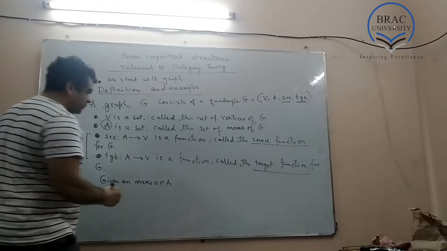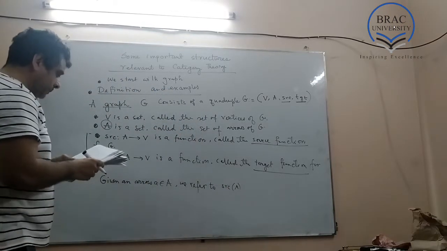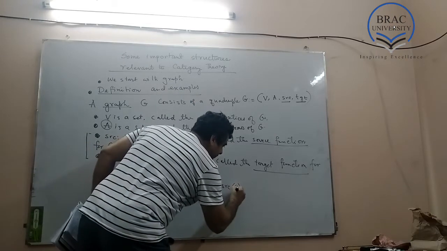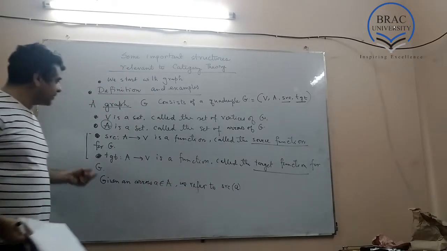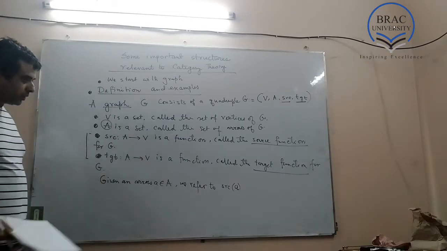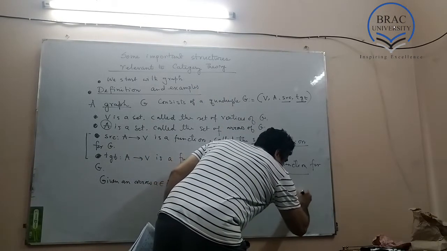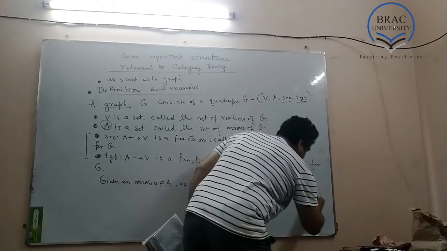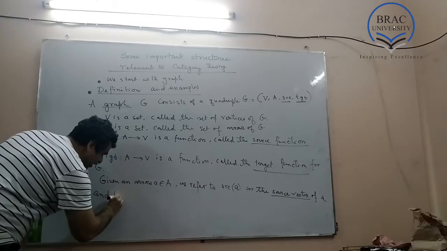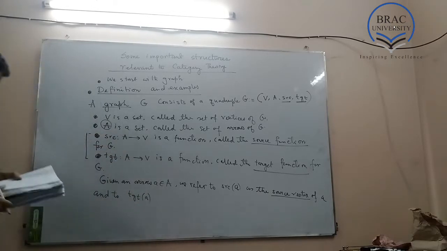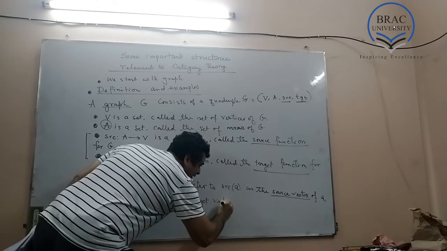We refer to SRC(a), sorry, excuse me, small a, the source of this arrow, which should give us an element of the set of vertices, as the source vertex of a, and to TGT(a) as the target vertex of a.